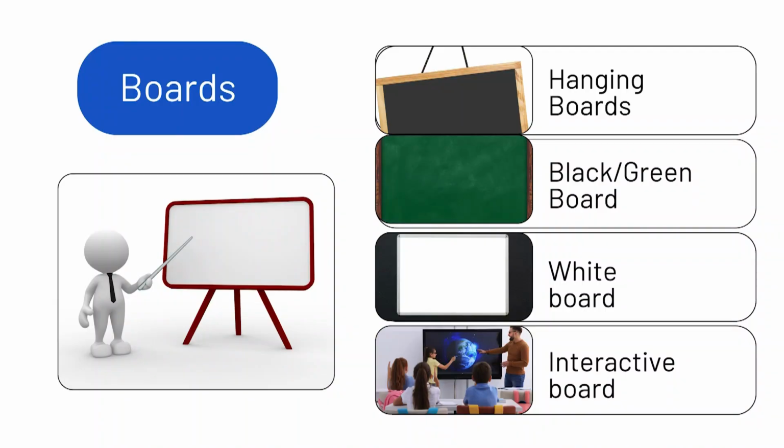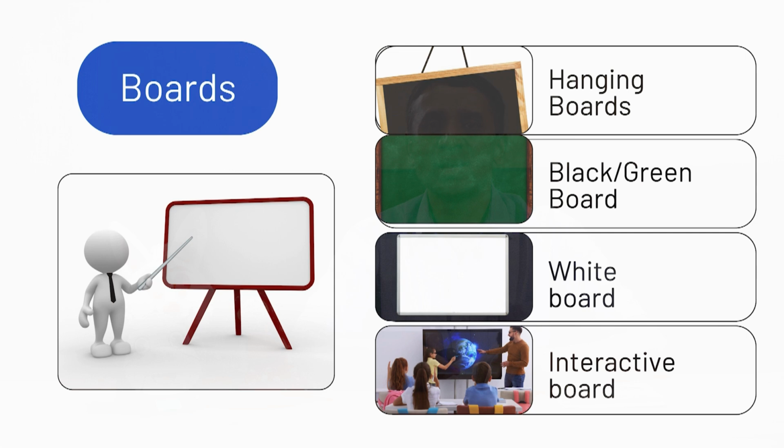But the problem was that every year it had to be colored, because the black color would easily fade with use. This was replaced with green boards. These green boards were mostly made of wood, with green color on top. This was more permanent than black, and green boards are even now in use. Mostly they use dustless chalks to write on these green boards.